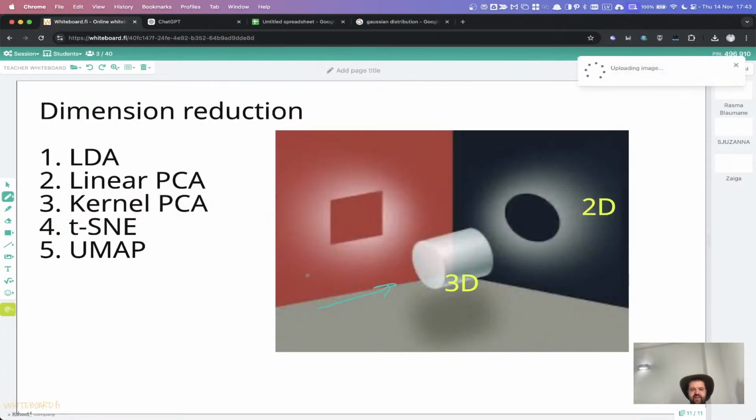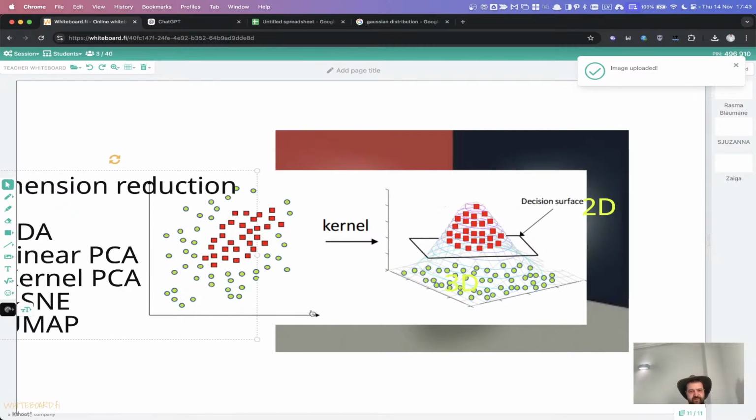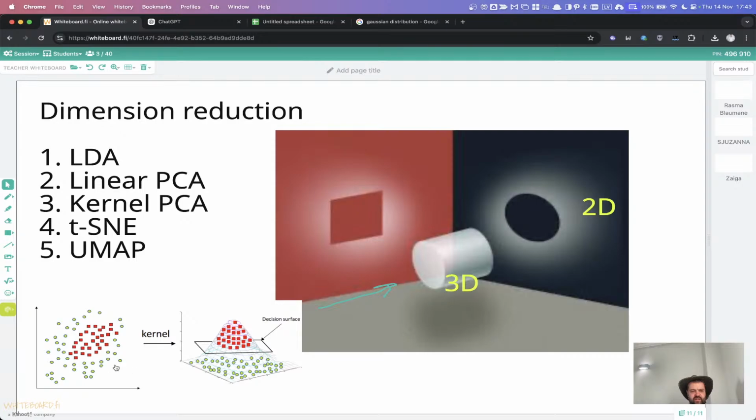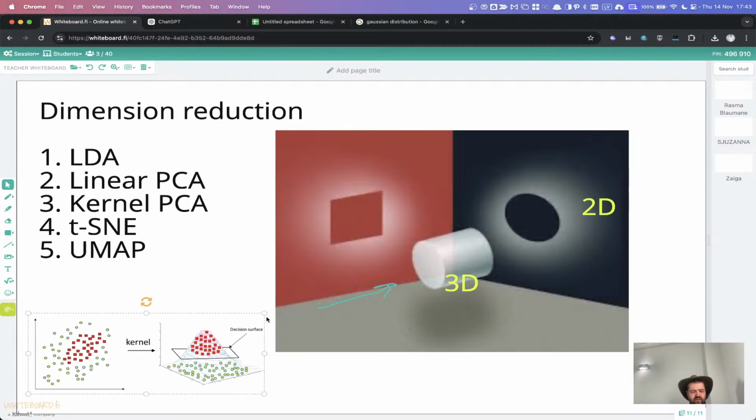So for example, if I have 3-dimensional data on the right side, and when I plot it down, it basically falls in this way, it is very hard to separate it with a linear projection. What does linear mean? It means just a plane or just a line, right?